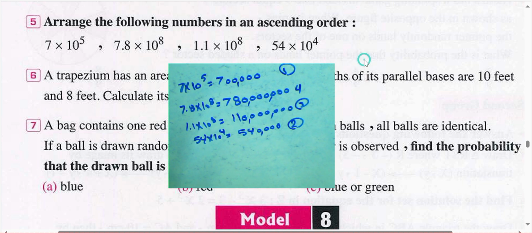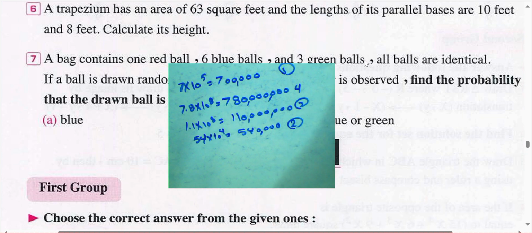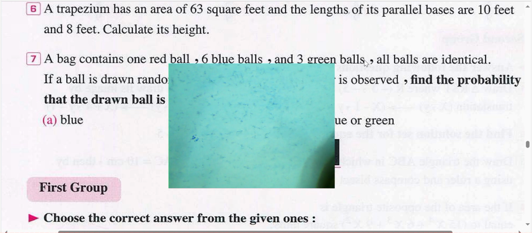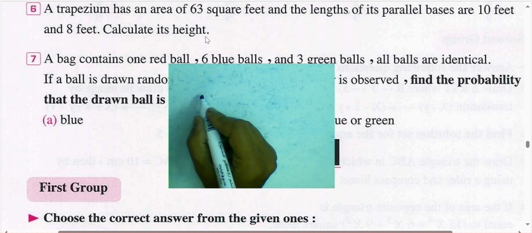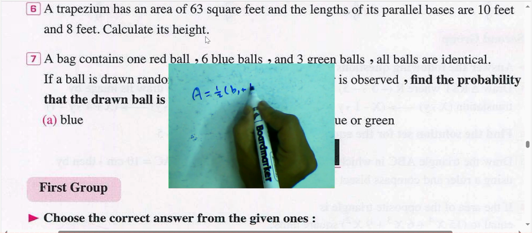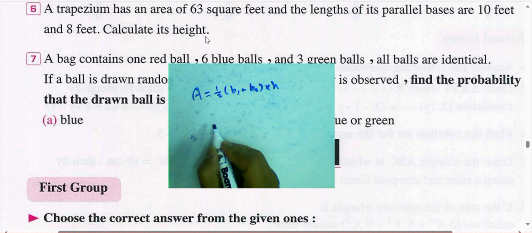ascending order. Next question, number 6. A trapezium has an area of 63 square feet, and the lengths of its parallel bases are 10 feet and 8 feet. Calculate its height. We know the area equals half times the sum of base 1 and base 2 times the corresponding height.